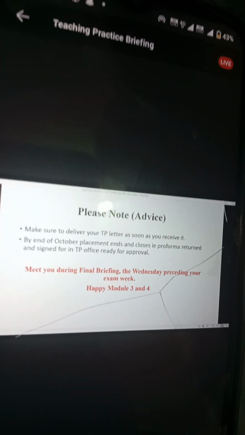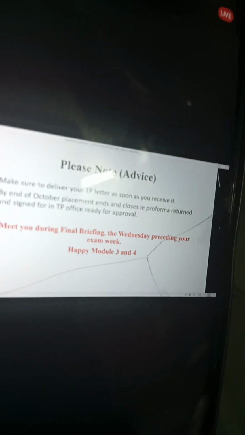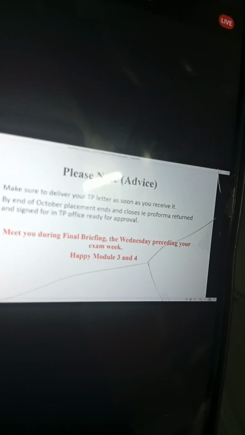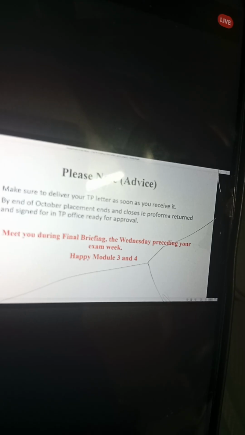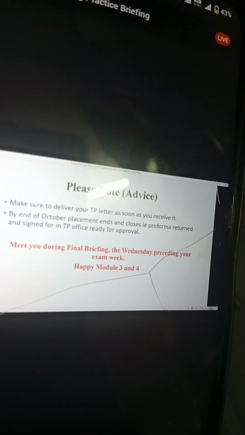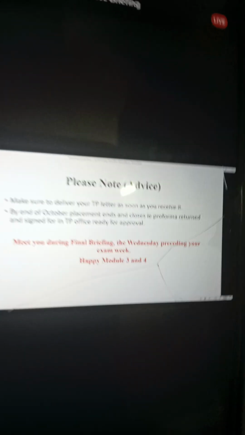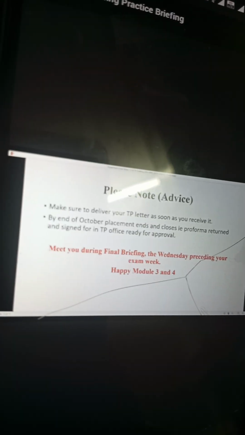We'll give you the dates, but by the end of October, you'll have done all the placements. Of course, you'll be sharing the updates, how many have applied, and so on. By the end of October, we'll close the placements. We are hoping by then all the forms have been returned, signed in the TP office for approval. So before you leave, you will know we have approved, we are all good, you go home okay.